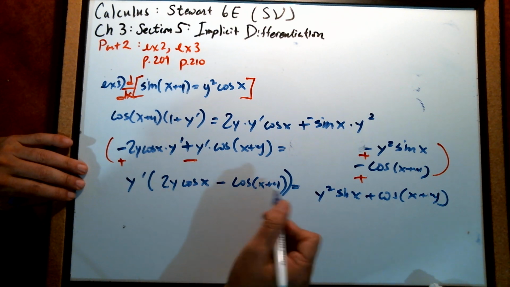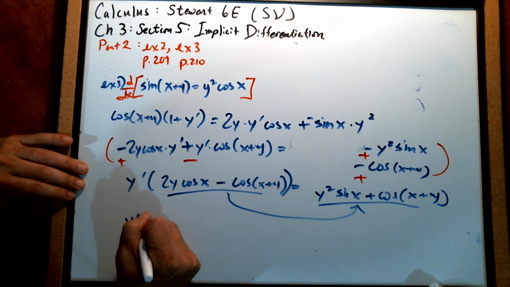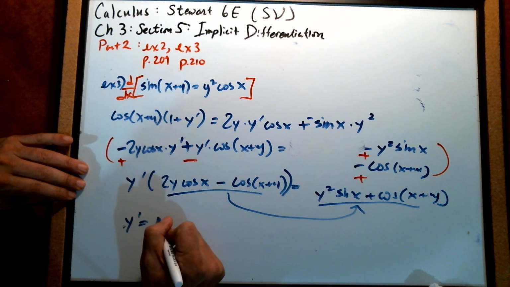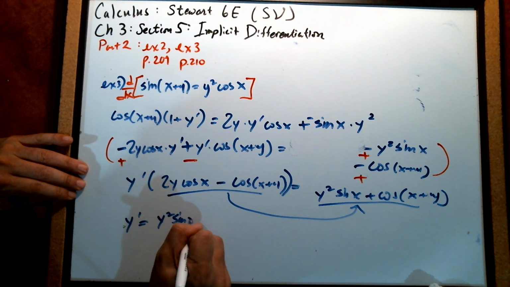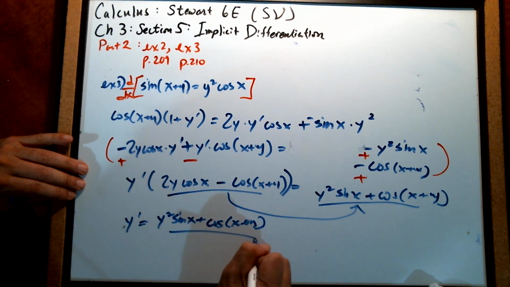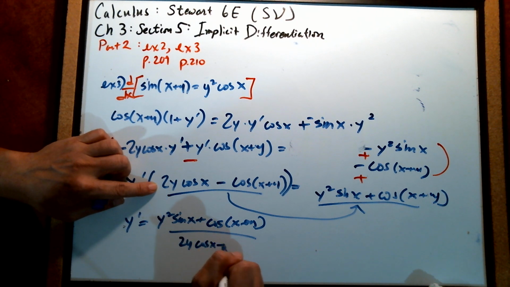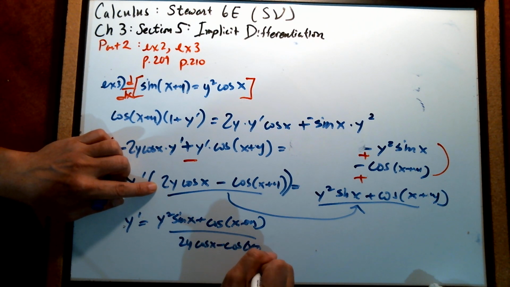And then what I do is I take this and I divide it by that right there. So y prime is equal to y squared sine of x plus cosine of x plus y all over 2y cosine of x minus cosine of x plus y.